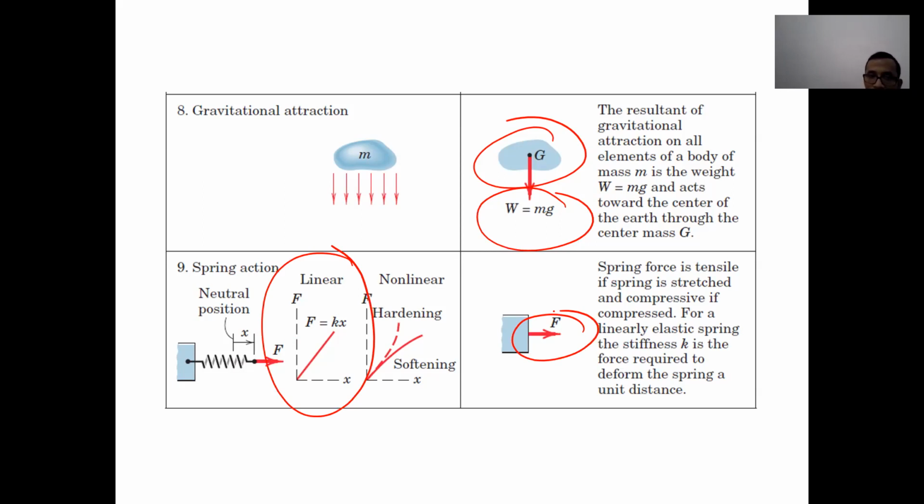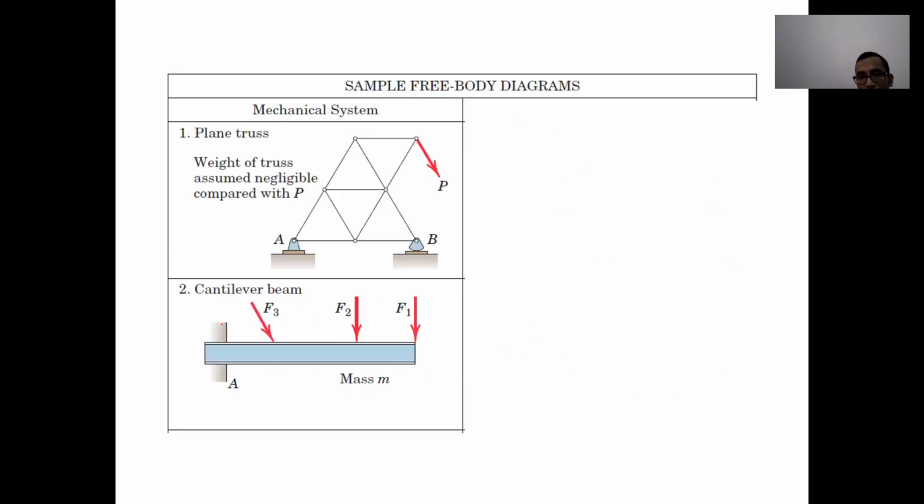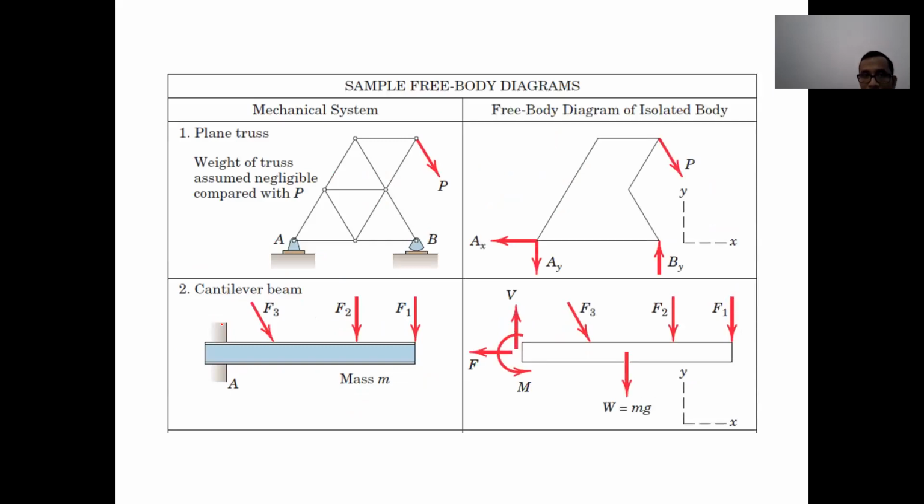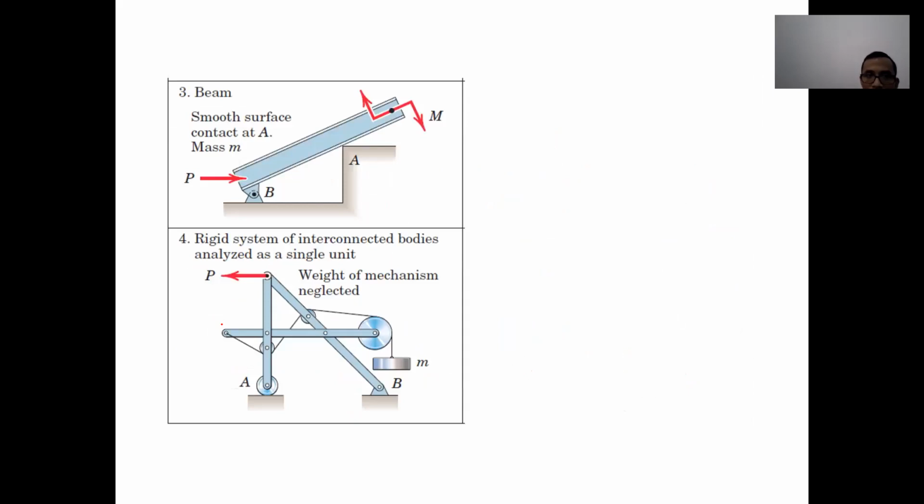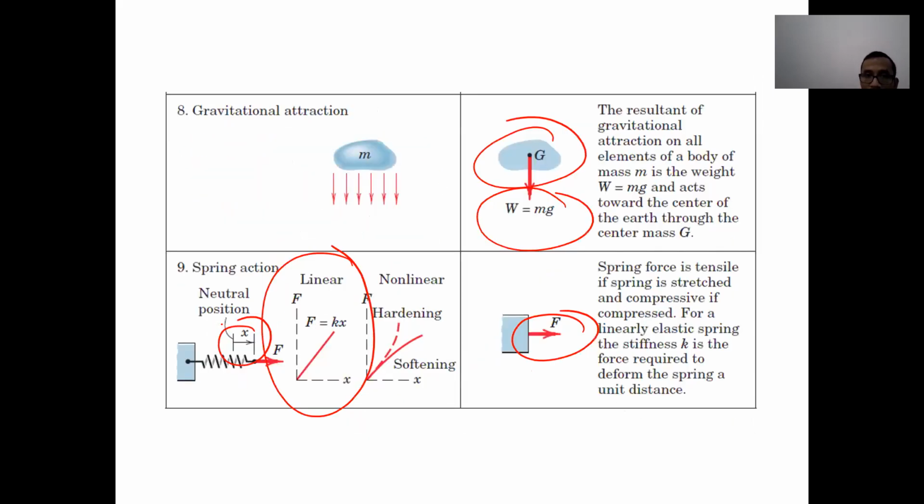And the magnitude of the force depends on the contraction of the spring, like this, the X. This is some of the example on how to draw the free body diagram. Later we will talk about it. But up until this, anyone here want to ask a question?